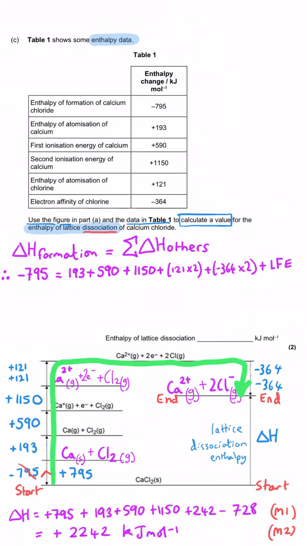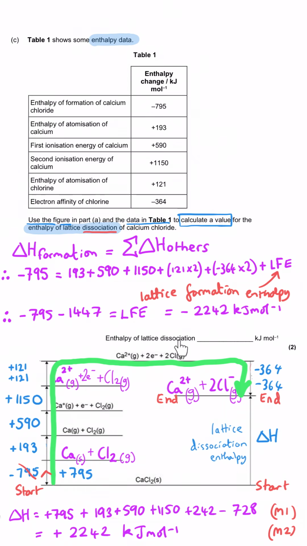This method relies on the lattice enthalpy being enthalpy of lattice formation, and so what that means is, since we're being required to calculate the lattice dissociation enthalpy, the value that we get will be a negative one when we use this memory aid of minus 2242, and we need to flip that sign to be the positive one because dissociation is always a positive enthalpy change. So we could run the numbers faster probably than using a Born-Haber cycle, but we do need to remember that the lattice dissociation must always be a positive number.